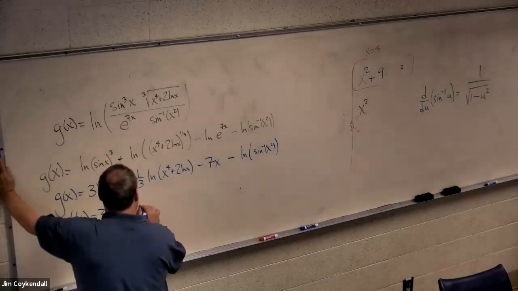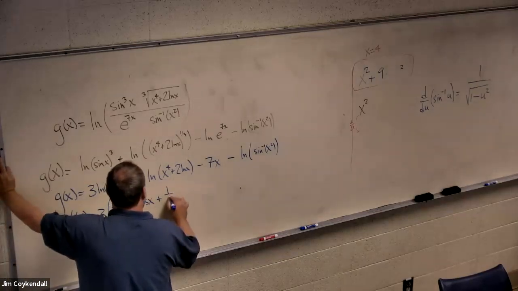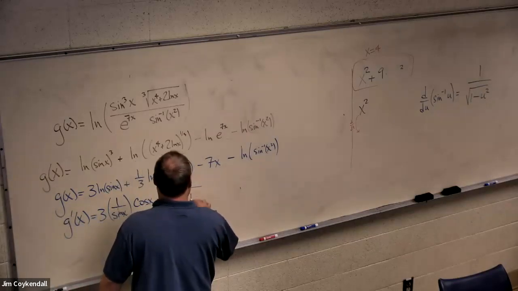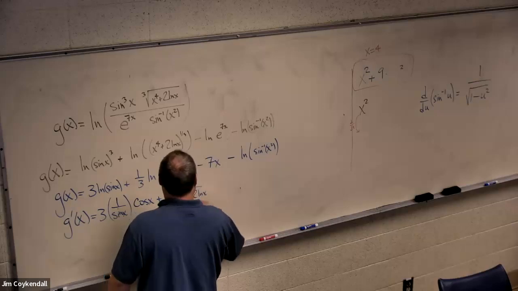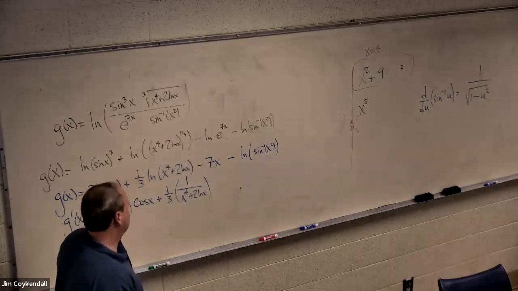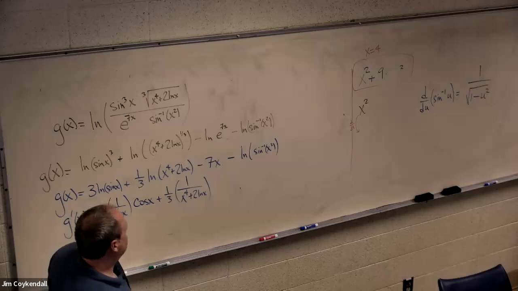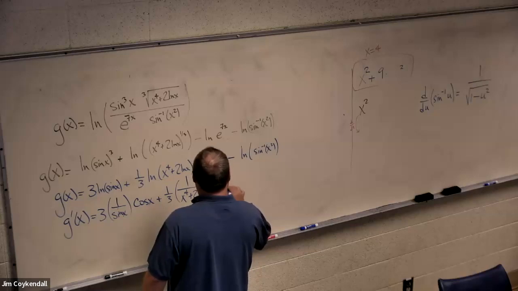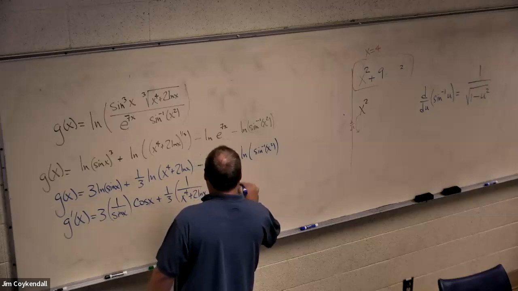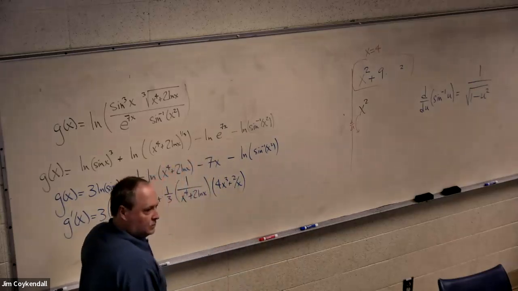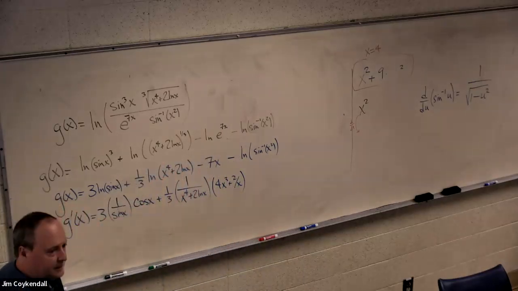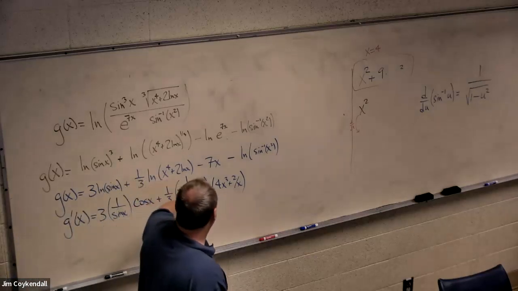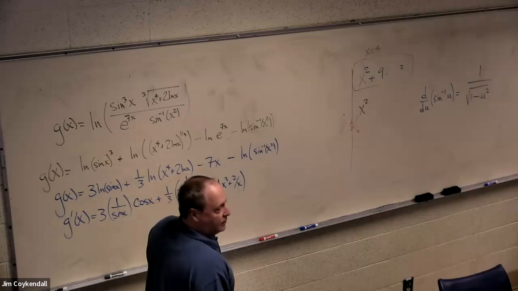Thank you, cosine x. Then 1/3 times 1 over log x to the 4th plus 2 log x, times, in this case, 4x cubed plus 2 over x. So the derivative of x to the 4th is 4x cubed, and the derivative of 2 log x is 2 over x.